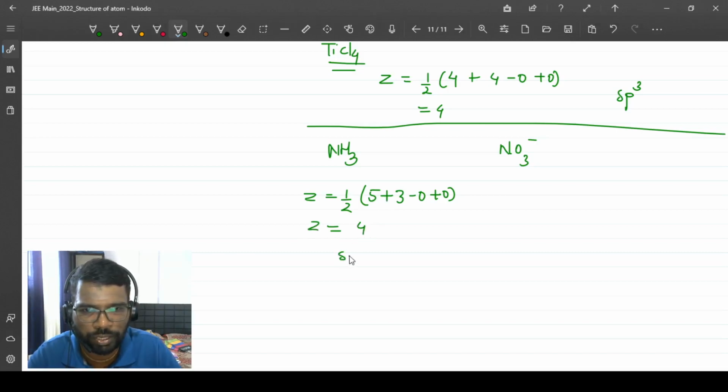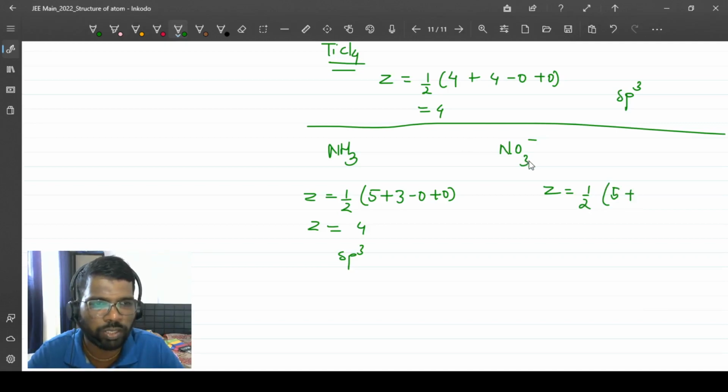The hybridization is sp3. Over here for NO3 minus, Z will be half times the number of valence electrons, which is 5, plus monovalent atoms. Oxygen is not a monovalent atom, so this is 0. Then the anionic charge is 1.